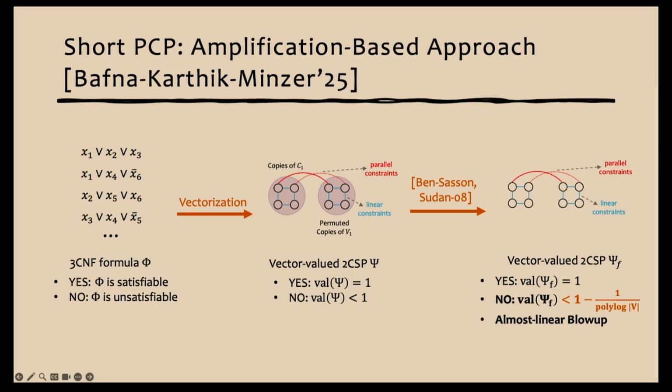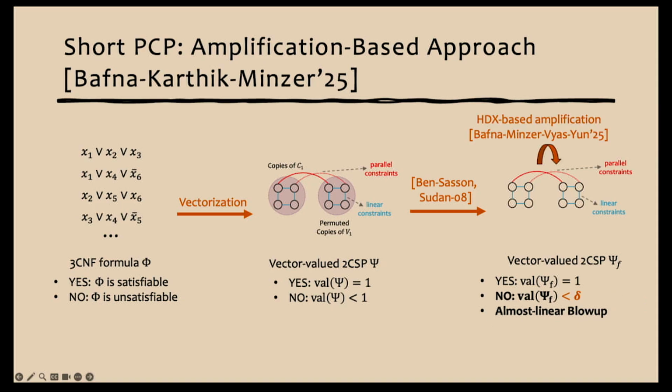It also follows a similar workflow, but for the PCP verifier, it uses the verifier in BS28. The result of BS28 will give a gap instance with almost linear parameter blow-up. However, it only creates a little gap, and the soundness is very close to 1.